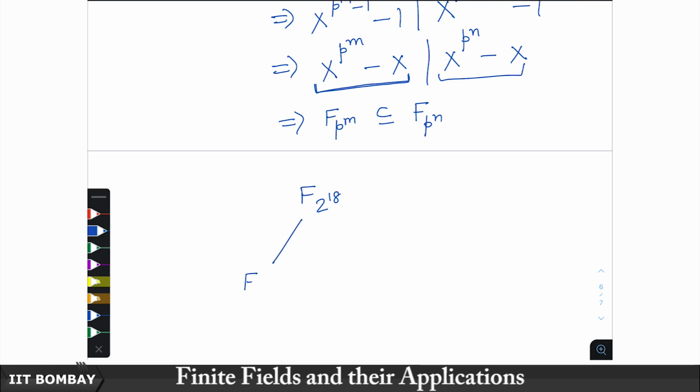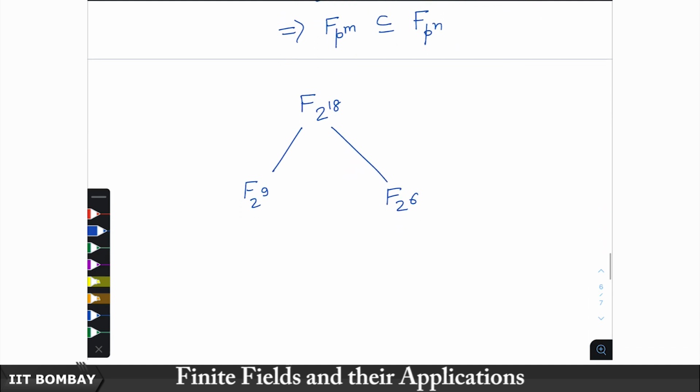So, first of all, F 2 power 9, because 9 divides 18, F 2 power 6, and then you can take further factors, F 2 power 2, 2 divides 6, F 2 power 3, 3 divides 6 as well as 3 divides 9.